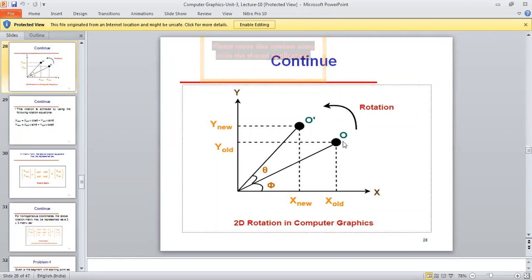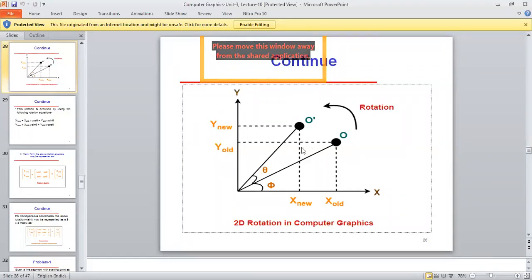So this is the initial object, and after rotation by angle theta, we are getting our object as O dash. Here we are going to rotate by an angle theta. This is called theta, and this is the rotation angle.